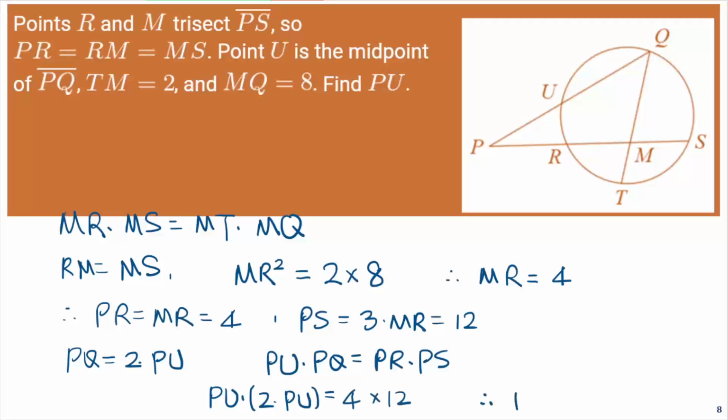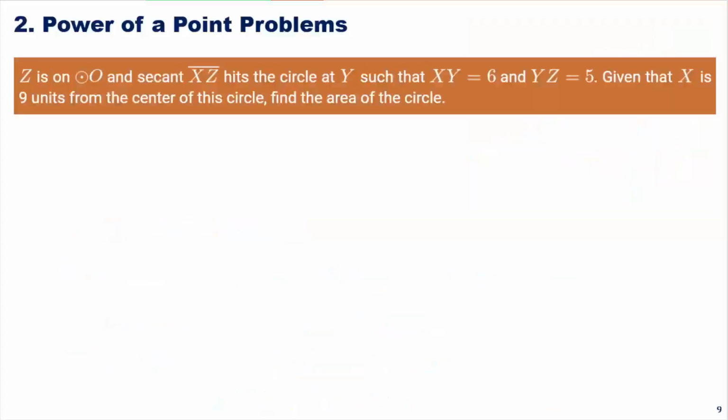And this actually solves PU equals 2 square root 6, right? Any questions? Okay, good. If not, let's have a look at some more power of a point problems.